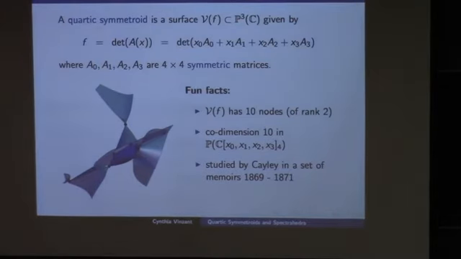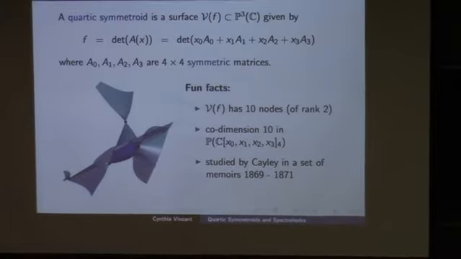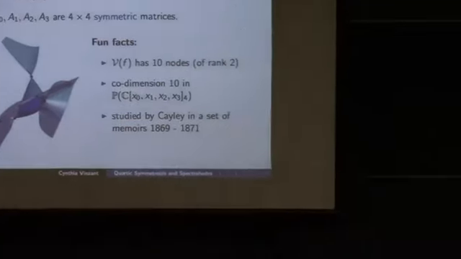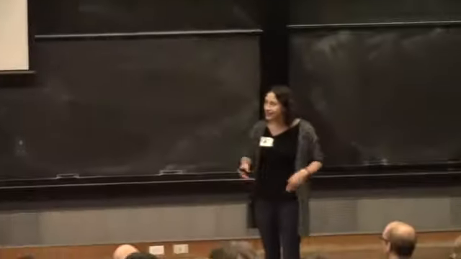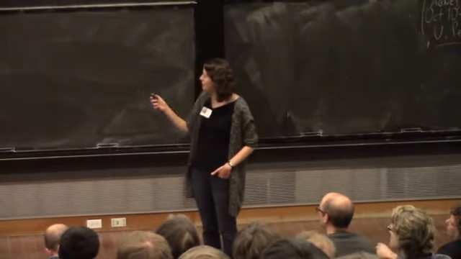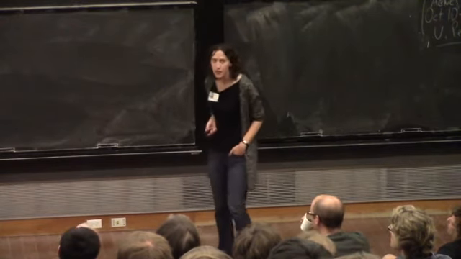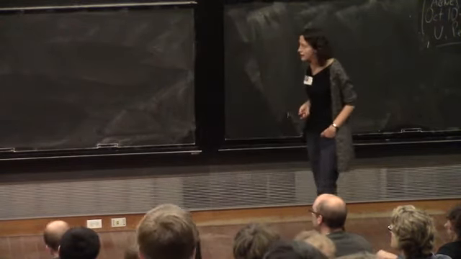The determinants are singular at lower rank matrices. And I'll talk about this a little bit more. The set of such quartic polynomials has codimension 10 in the space of all quartic polynomials in 4 variables. So these are special quartic polynomials coming this way.